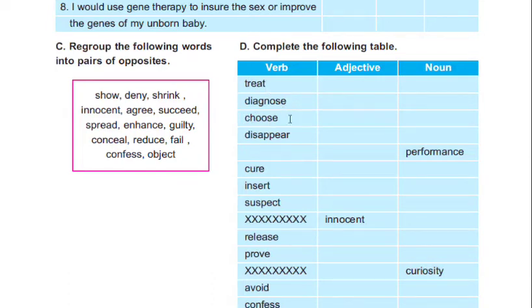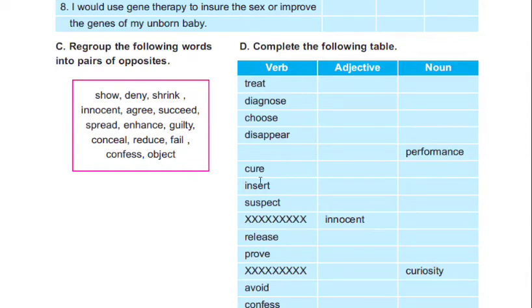Choose is the verb. Chosen, the past participle, is the adjective, and choice is the noun. Disappear is the verb. Disappeared, ed, is the adjective. Disappearance, we're going to add ance to get the noun disappearance, as in performance, which is a noun from performed, ed, the adjective, and the verb is perform when we leave the ance out.